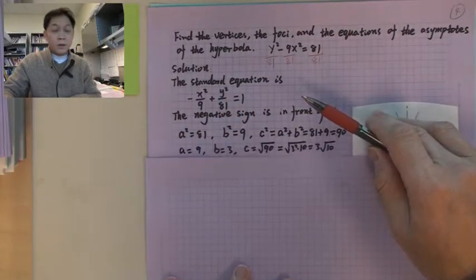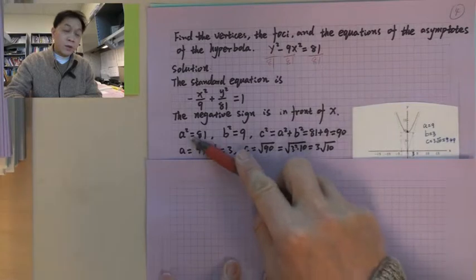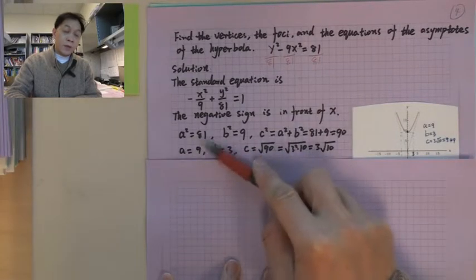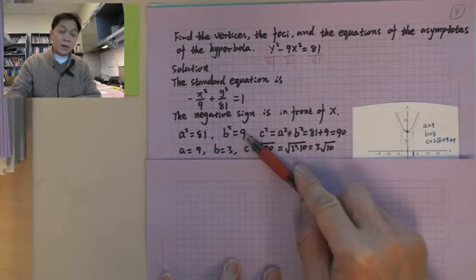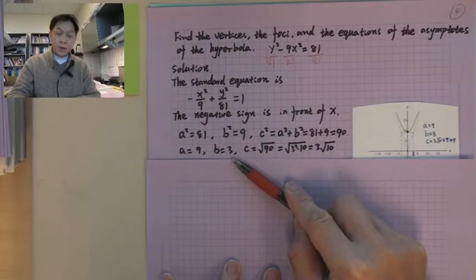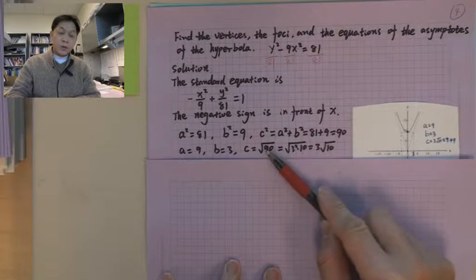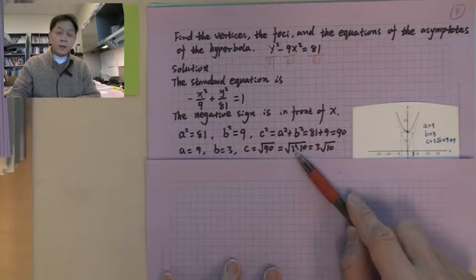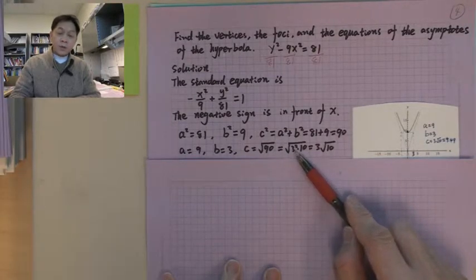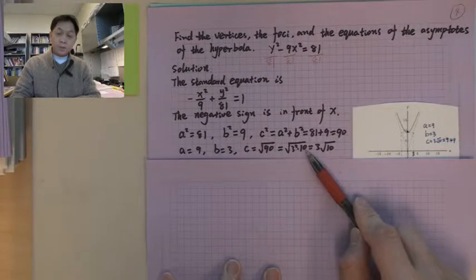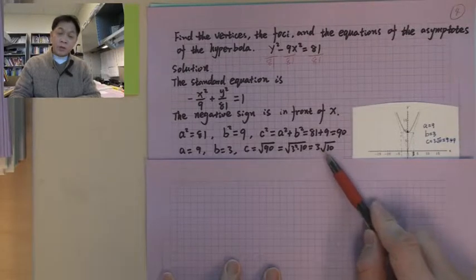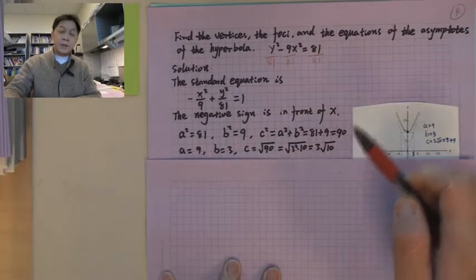So choose the square root for a squared, that's 9. B squared is 9, so b is 3. C squared is 90. You choose the square root. Then you have radical 90, which is 3 squared times 10, which is 3 times radical 10.